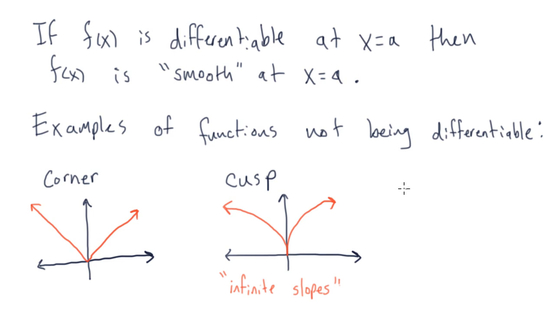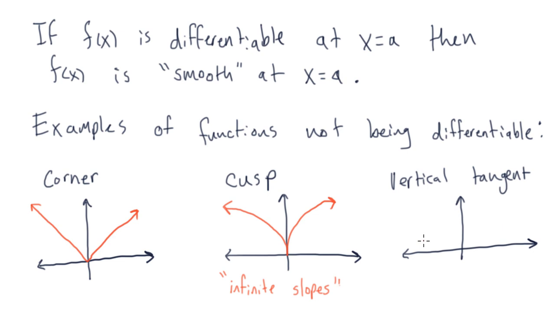And then the final example that we'll look at is what's called a vertical tangent. And this is similar to a cusp, except that actually there's some consistency in the left and right hand limits, that they're actually both either approaching infinity or approaching minus infinity.